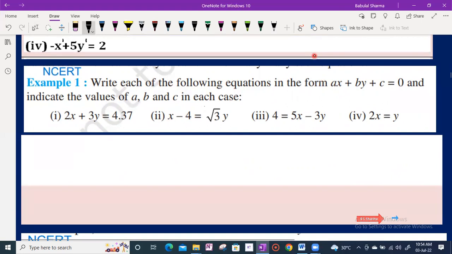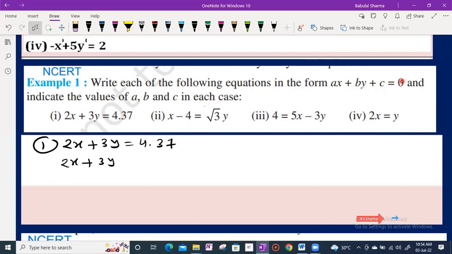I am taking example number 1, that is 2x plus 3y is 4.37. स्टैंडर्ड फॉर्म में ये जो कांस्टेंट है वो लेफ्ट में आ जाना चाहिए और राइट में रहना चाहिए सिर्फ 0. सो फर्दर वी कैन राइट 2x plus 3y minus 4.37 is equal to 0.